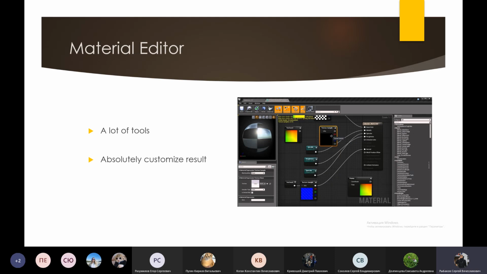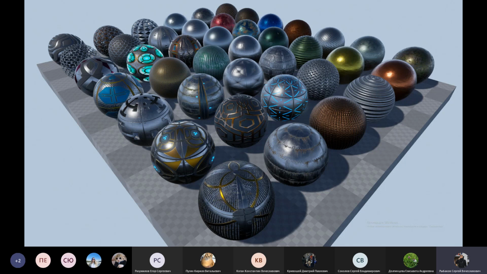The texturing and materials tools in Unreal Engine are second to none, in my opinion. The amount included in it is incredible. We can get an absolutely customized result, and here I can explain it. You can see.